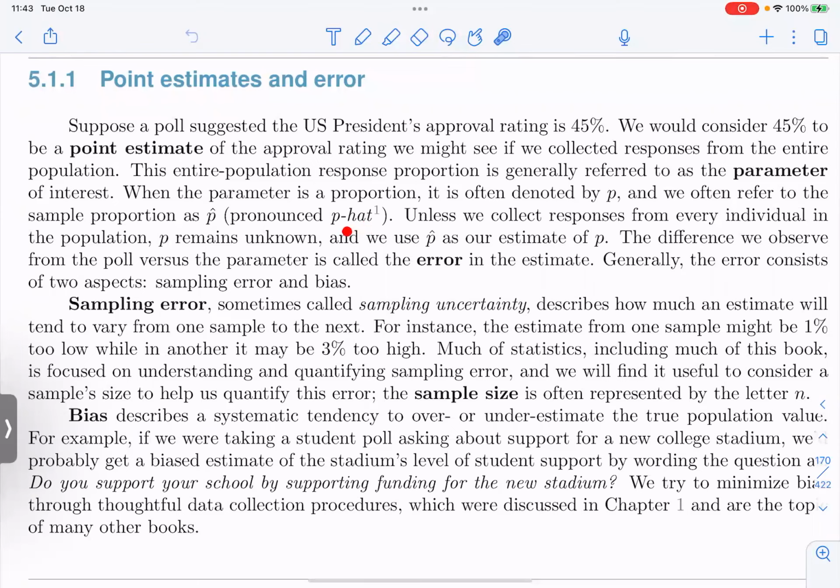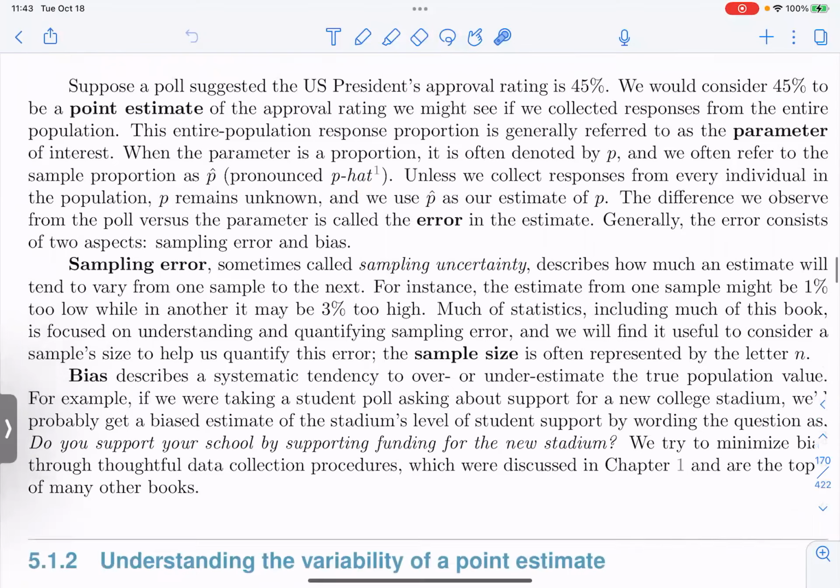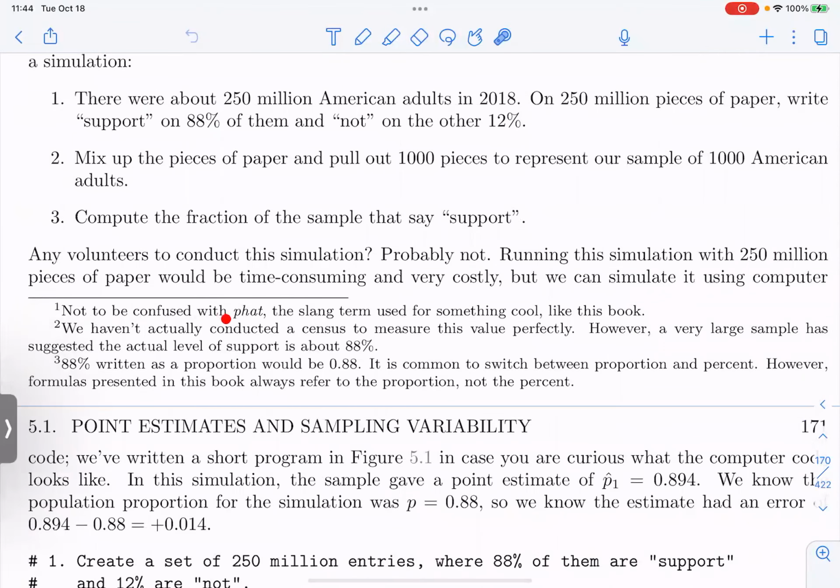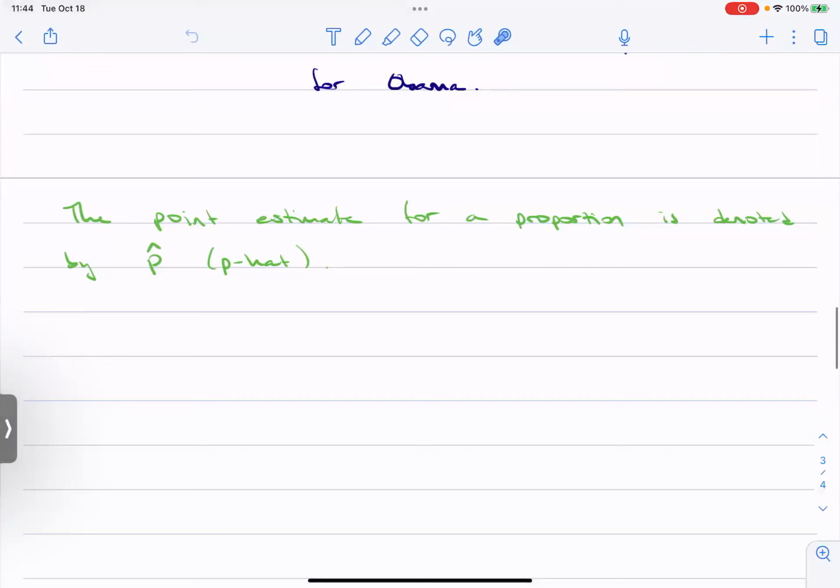So anyways, pronounced p-hat. And then the footnote says not to be confused with hat, the slang term used for something cool like this book. Cute. Anyways. No one remembers pH fat, huh? Okay.